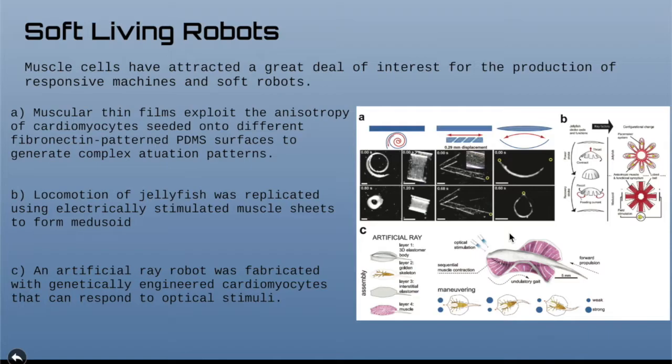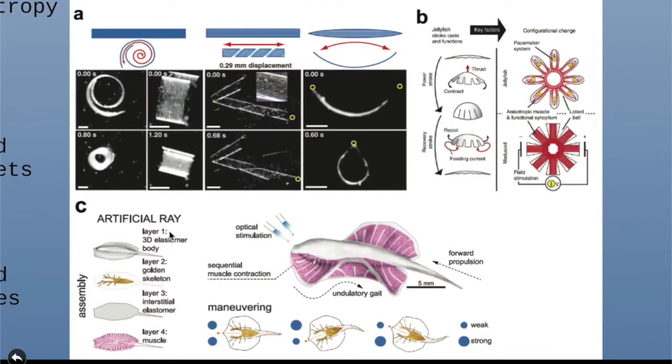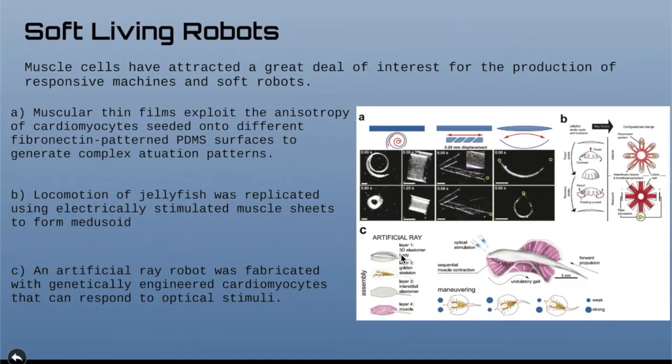They are combining an elastomer and muscle cells, and then they combine this with optical stimulation to program these robots, so they can move based on the light. So that's the self-lifting robots.